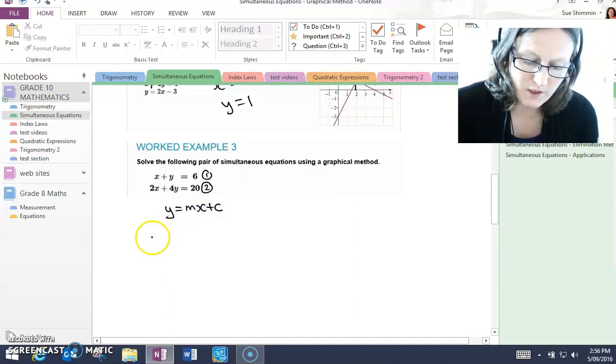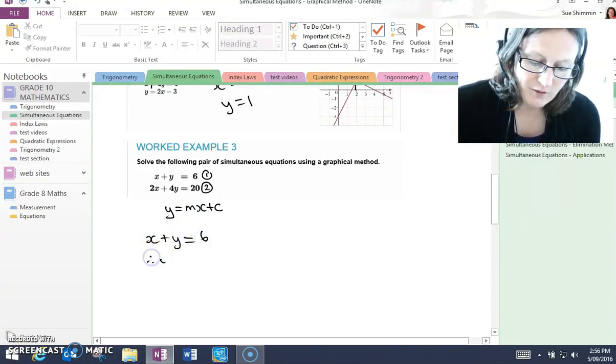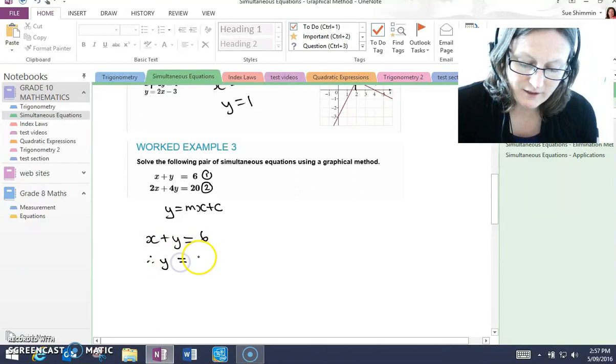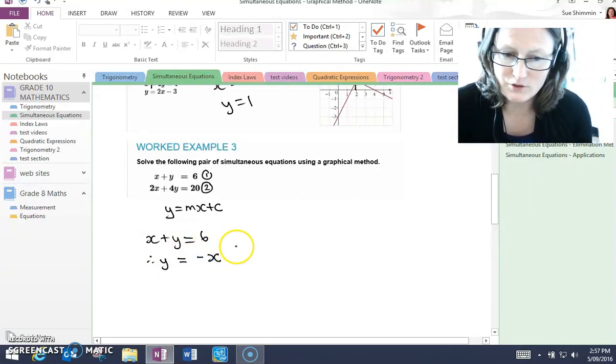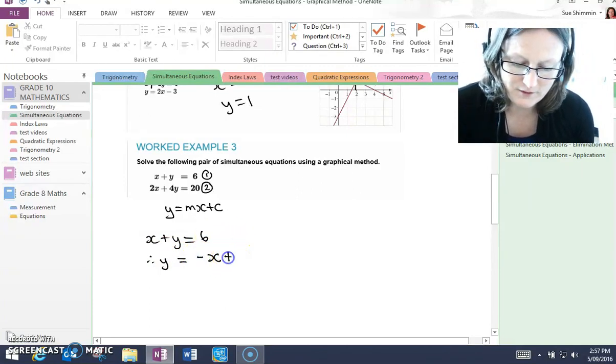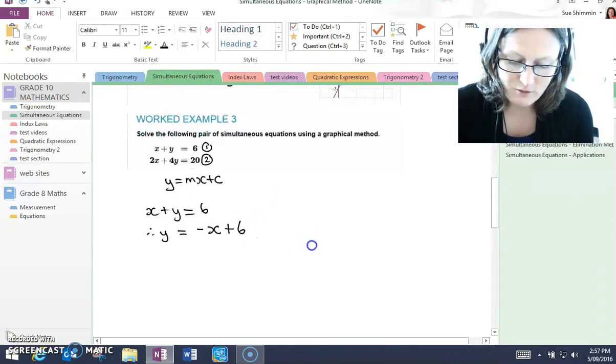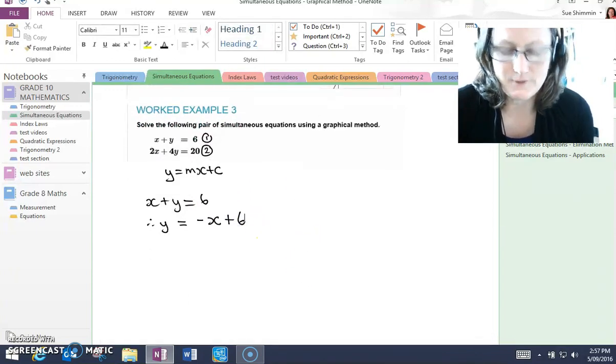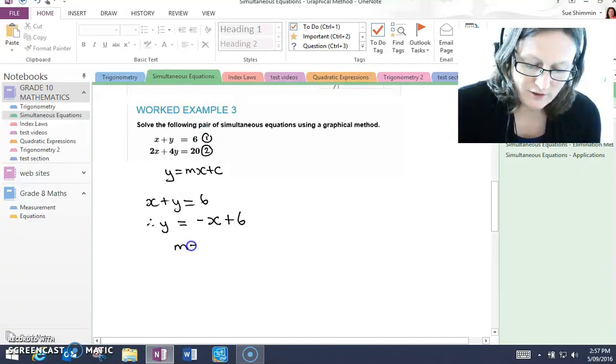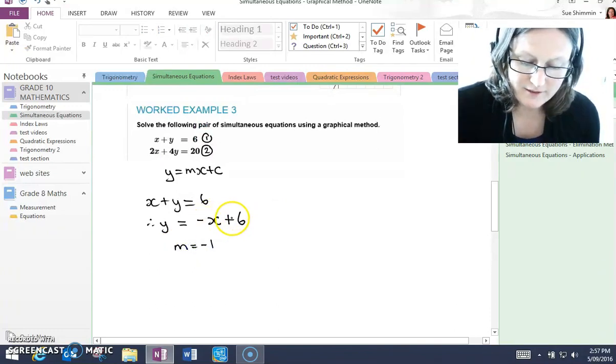So for the first equation, x plus y is equal to 6. If I move the x to the other side, I need to do the opposite, remember, when I move it to the other side, and I have just made it in the form y equals mx plus c. The gradient of this line is -1. The gradient is the thing with the x, and the y-intercept is 6.